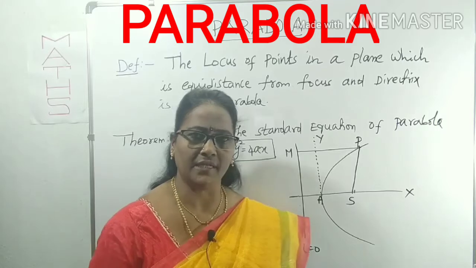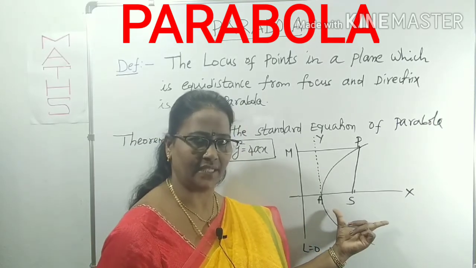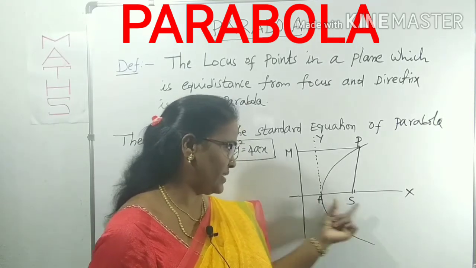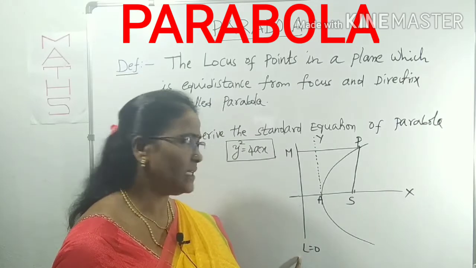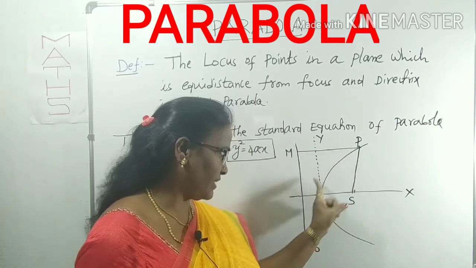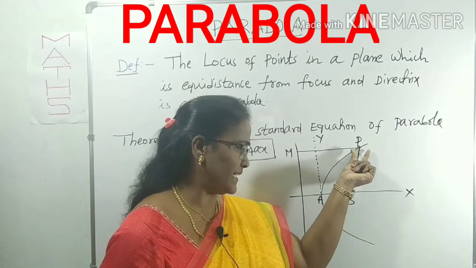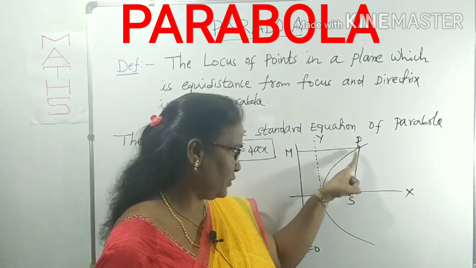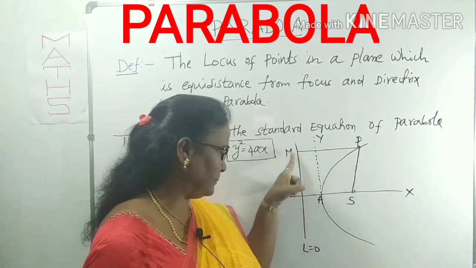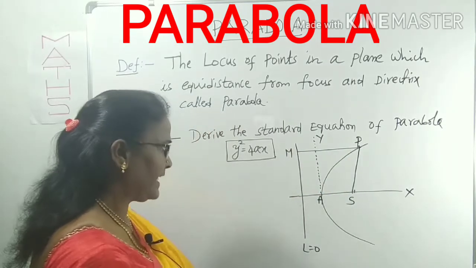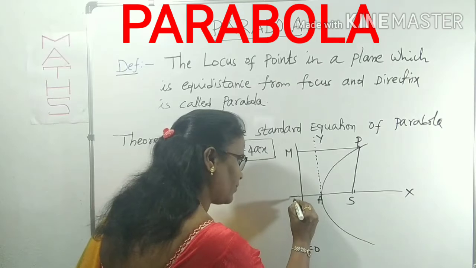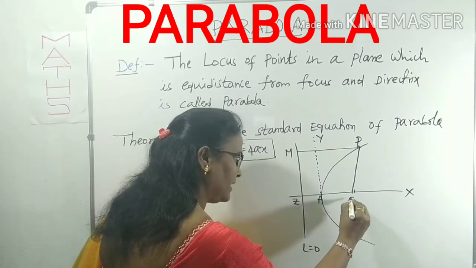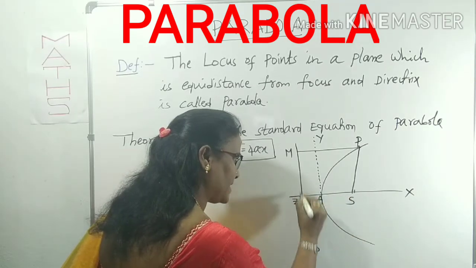Now we have to concentrate simply on this figure. What is the figure here? S is the focus, L equal to 0 is the directrix. We can draw one of the curves like this, in which P is any point on the curve. Now we draw the distance from P to the directrix, PM, and for our convenience we take Z as one of the points on the directrix, which is the foot of the perpendicular from S on the directrix.